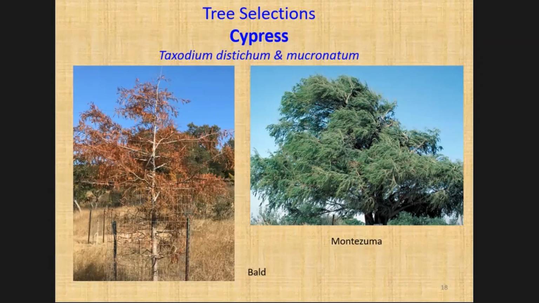They're evergreen, but this one does lose its leaves in the fall, and it has a really striking rust color. Right now it's reacting to our drought and dropping its leaves, but it's not going to die. And the interesting thing about the bald cypress tree is it can survive being totally inundated in water.